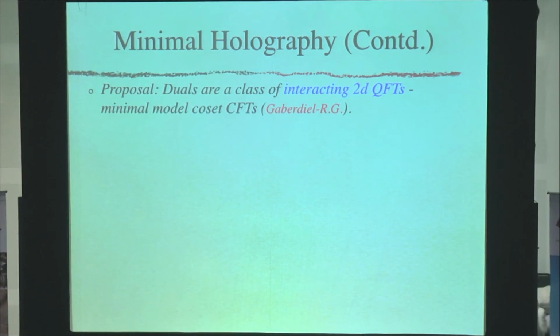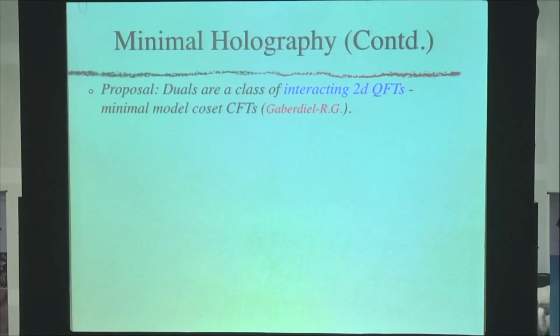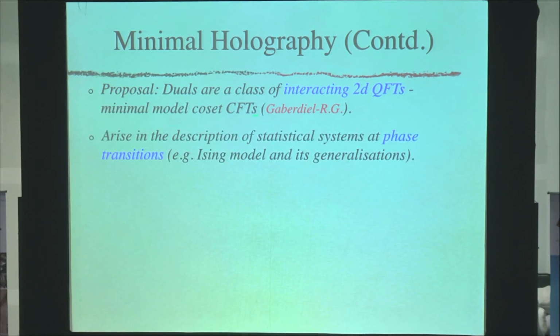The proposal, with my collaborator Matthias Gaberdiel here, is that the simplest Vasiliev theories in three-dimensional anti-de Sitter space have duals which are interacting two-dimensional quantum field theories, so it's always one dimension lower. These are a class of quantum field theories which are by now in almost every theorist's toolkit, because they belong to a family of so-called two-dimensional conformal field theories, which are in some ways the simplest you can have.